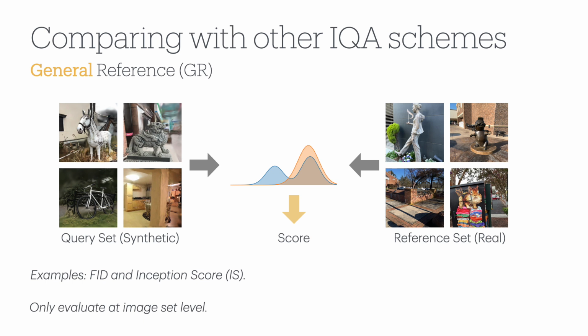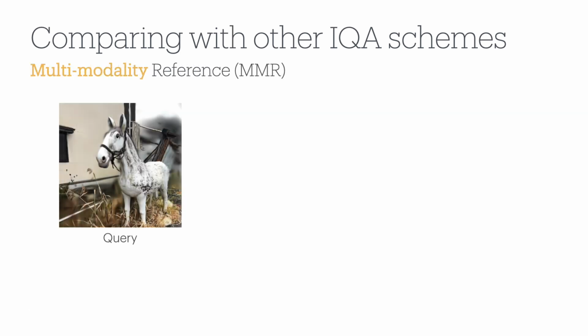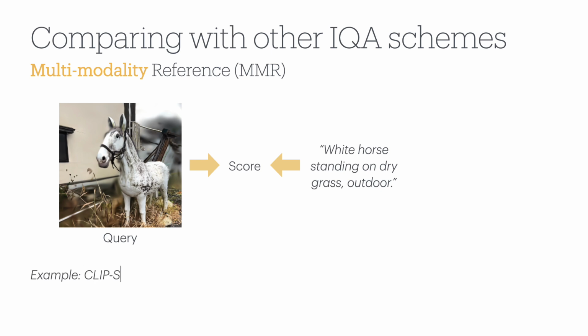As a result, these metrics can only provide feedback at the image set level, which is insufficient to evaluate each rendered image in a novel view synthesis application. In image and video generation applications, another line of evaluation metric is so-called multimodality image evaluation. One example in this line of work is CLIP score. This metric evaluates the text and image alignment rather than image rendering quality.